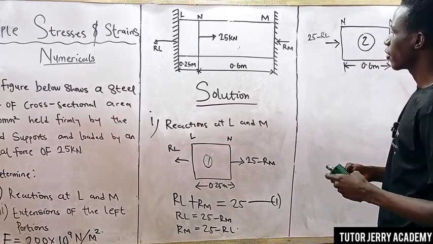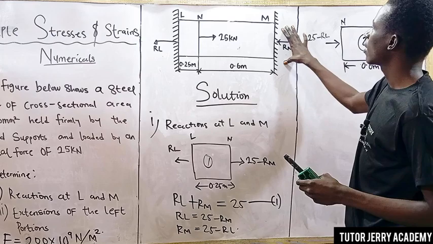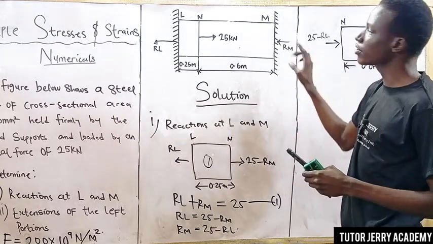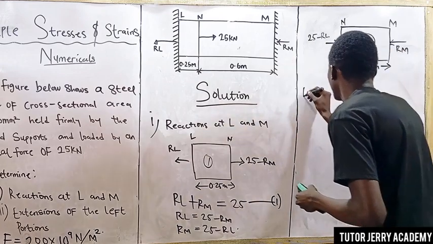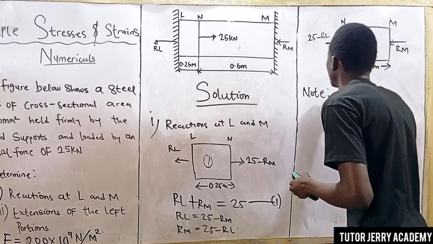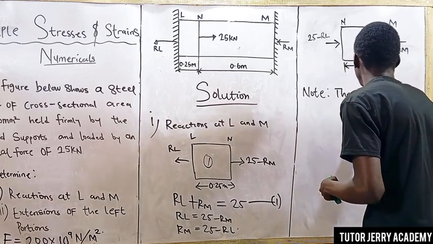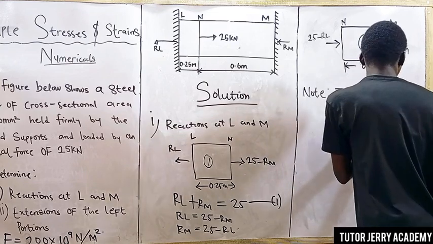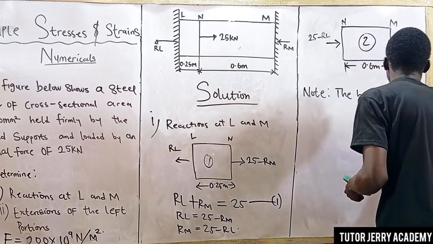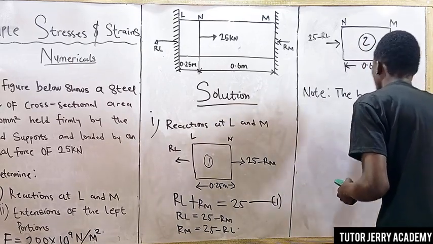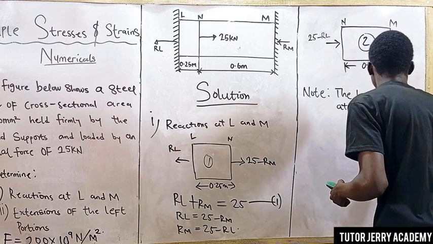So next, if you look at this body very well, you will note that we have support at both ends, which is fixed. The bar is fixed at both ends.